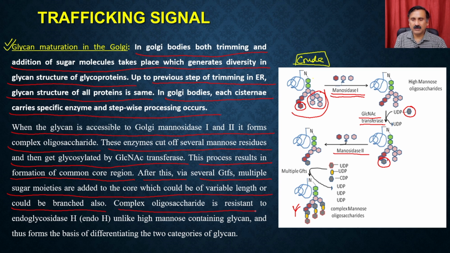The complex oligosaccharide is resistant to the endoglycosidases, and thus forms the basis of differentiating the two categories of glycan.